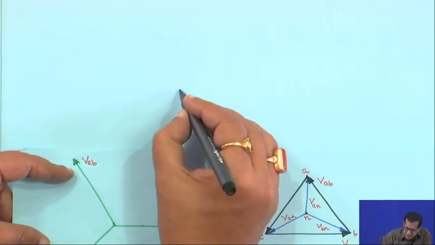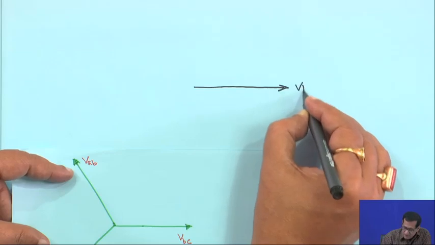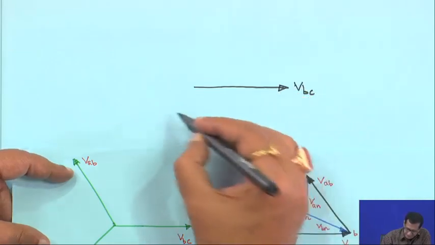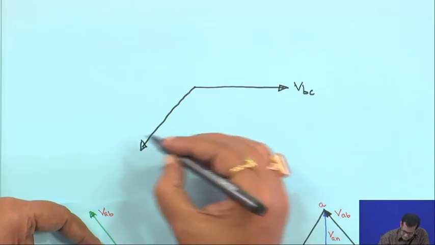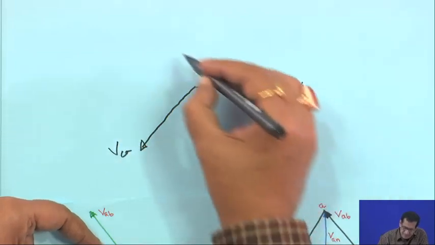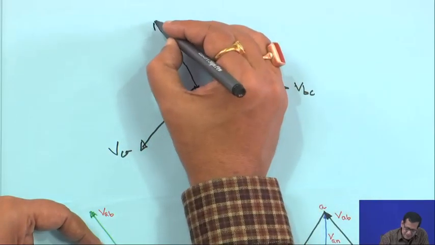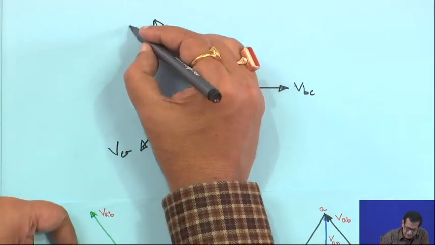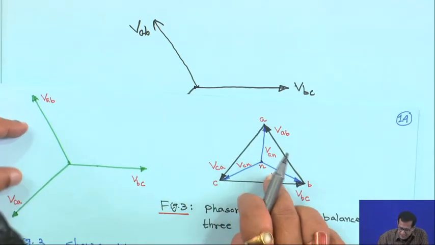Now, suppose this is VBC, this is your VCA, the drawing may not be symmetrical but it is understandable, and this is your VAB. Now this is VAN.